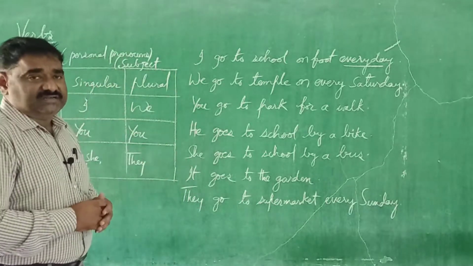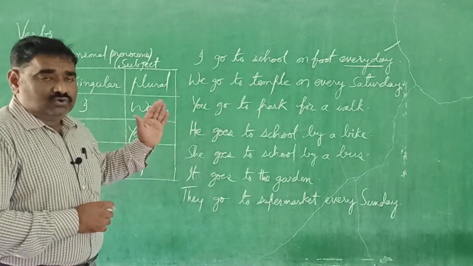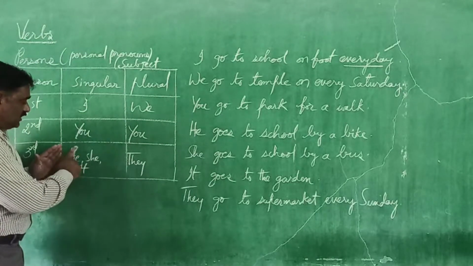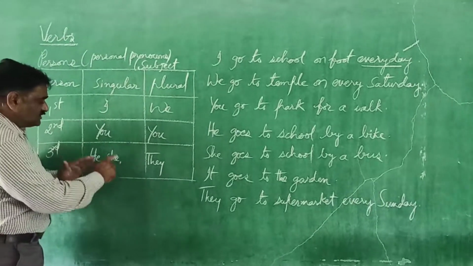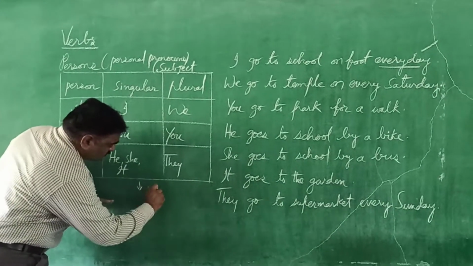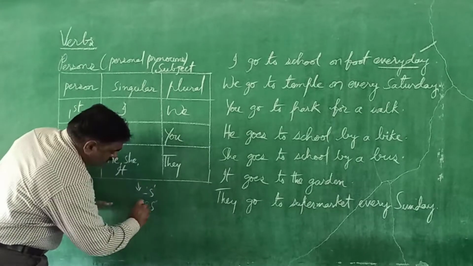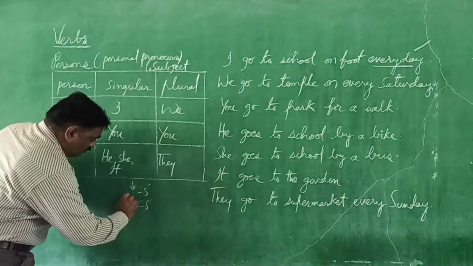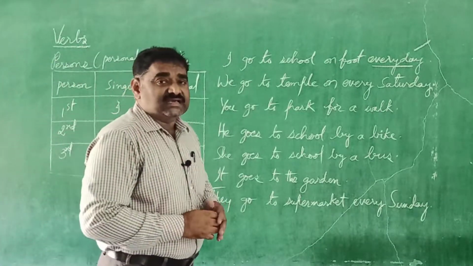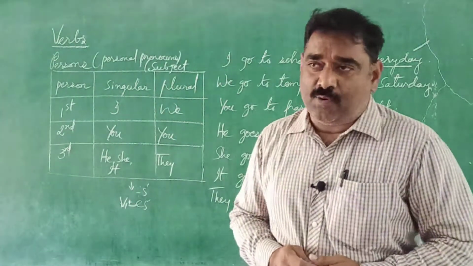In simple present tense, when you construct sentences, if you start the sentence with any of the three, third person singular, what should you do? You should add s or es to the base form of the verb: V1 plus s or V1 plus es. This is a tricky point.